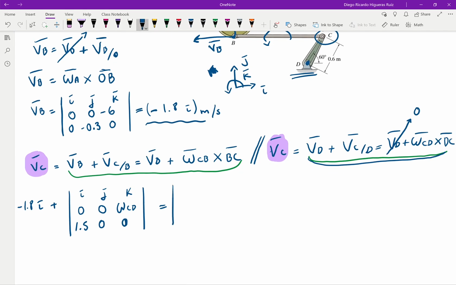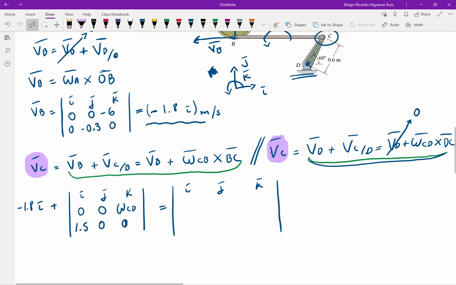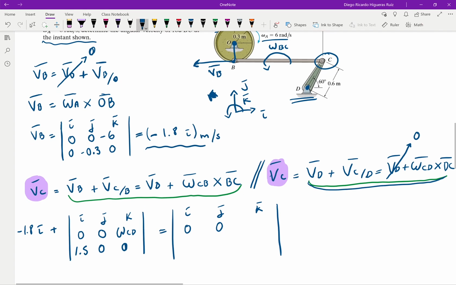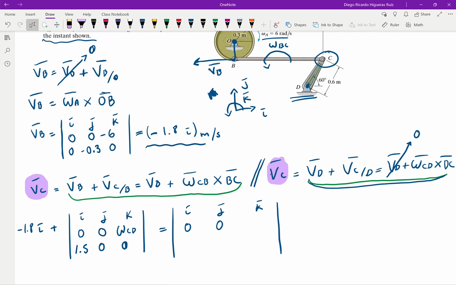And then we're going to have I, J, K, and let's see, we're going to have 0, 0. If omega BC is rotating counterclockwise, I assume that omega DC is also rotating counterclockwise, which is positive. It's going to be omega CD.